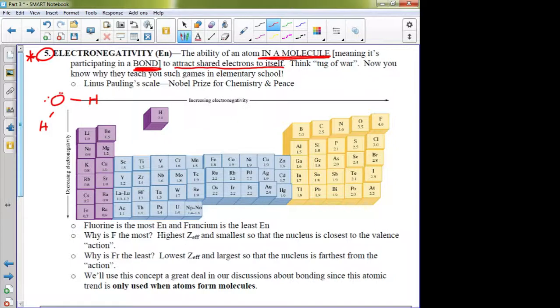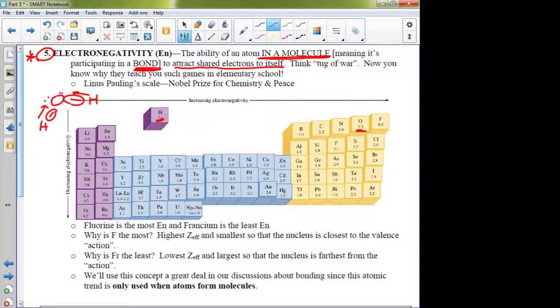If we look on the periodic table, we notice the electronegativity of oxygen is 3.5. This is in your notes, not on the actual periodic table. The electronegativity of hydrogen is 2.1. Since oxygen is more electronegative, it pulls the electrons it's sharing with hydrogen more towards itself.